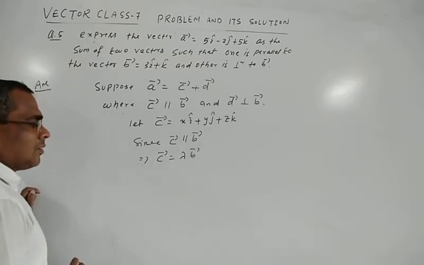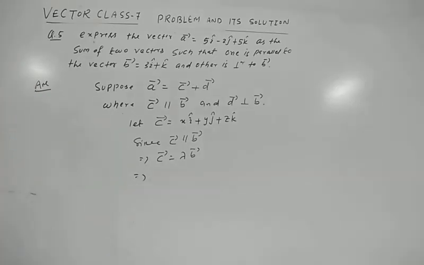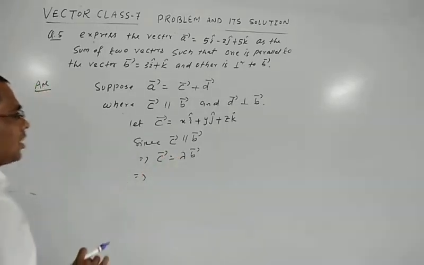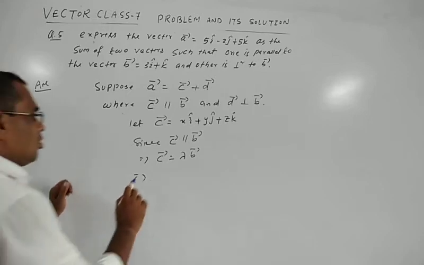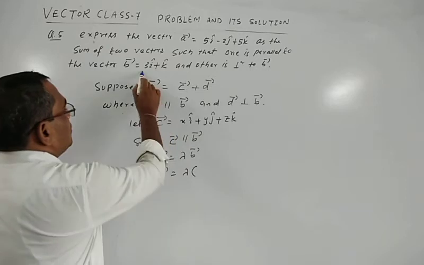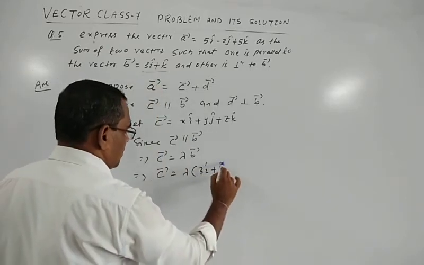So c vector is equal to lambda into b vector, where b vector is 3i cap plus k cap.